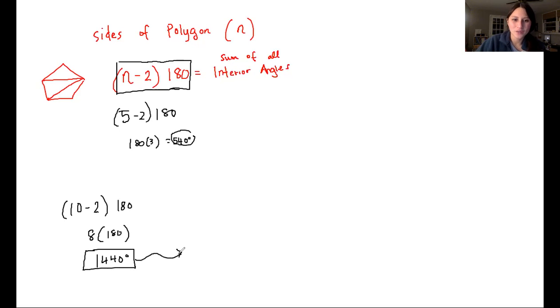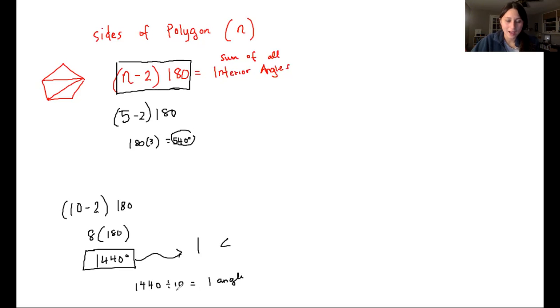Now, if I wanted to find out what one angle would be, if this was a regular polygon, meaning all the angles are the same, I could divide by 10. So I could do 1,440 divided by 10 to find out one angle.